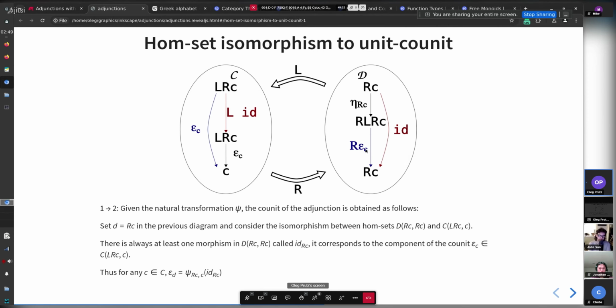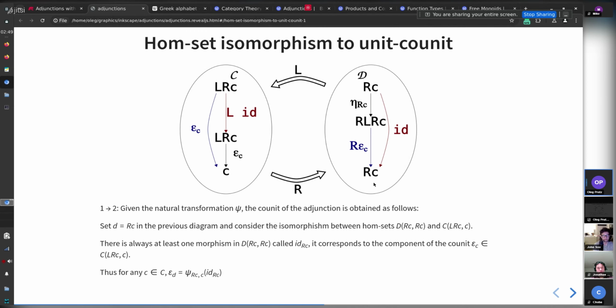And we can do the same in the other direction. So set D to RC, take the component of phi at RC and C, and apply it to ID.